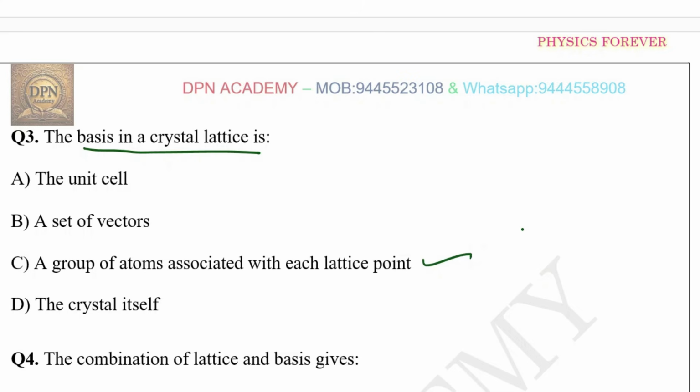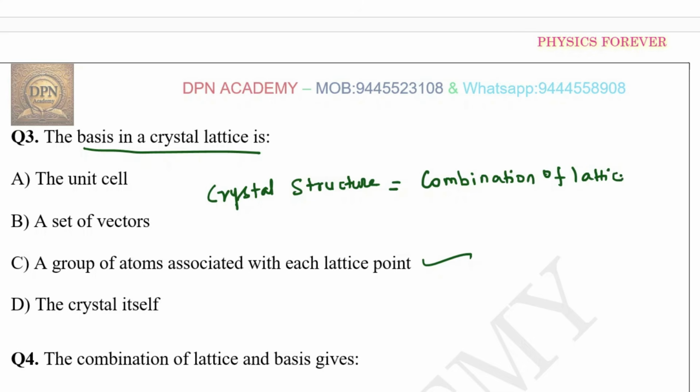So next, crystal structure, which is equal to the combination of lattice plus basis, that is atoms or group of atoms.